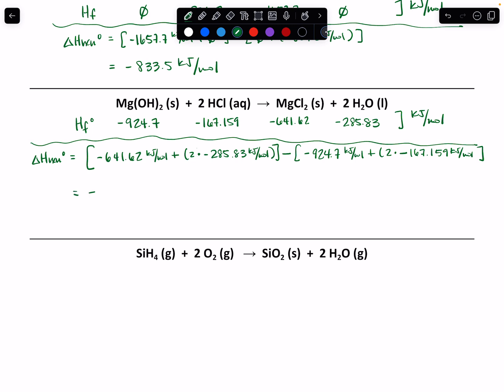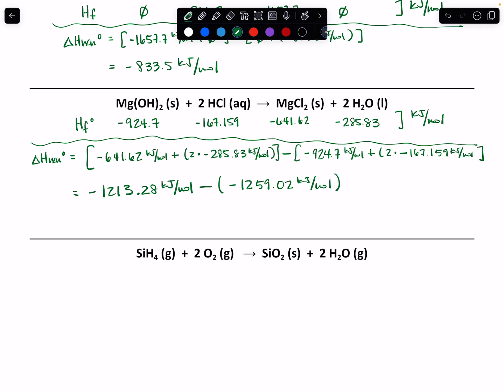So I have a negative 1213.28 kilojoules per mole minus, and on my reactant side, 924.7 plus 2 times 167.159. Negative 1259.02 kilojoules per mole.